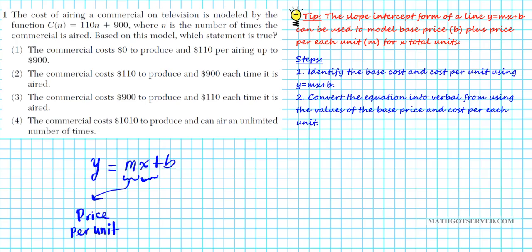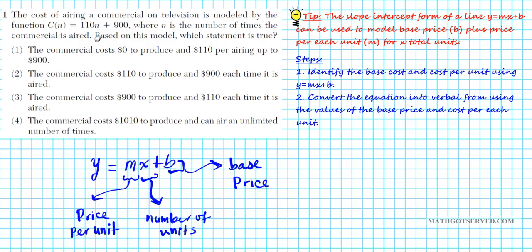X represents the number of units. And guess what b represents? b is your base price, how much you have to pay regardless of how many units you generate. Base price or base cost. So y equals mx plus b can be broken down into these components.